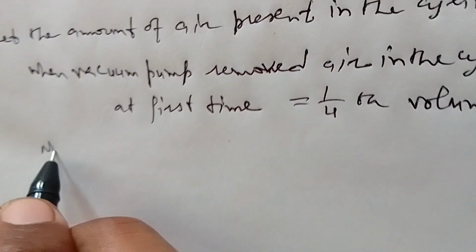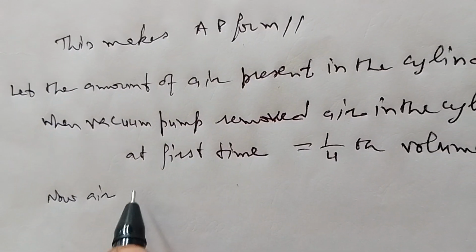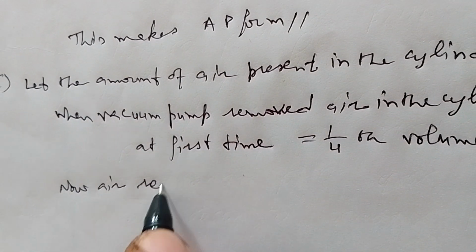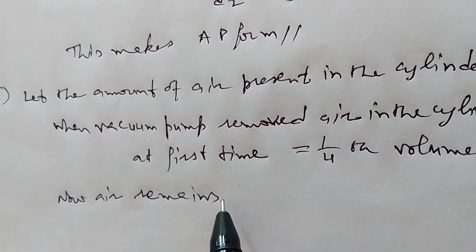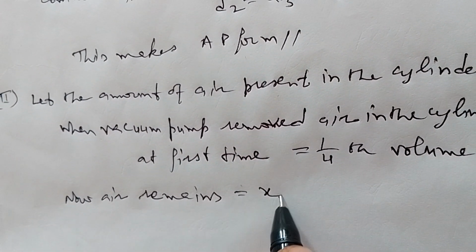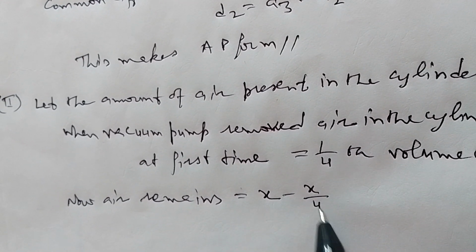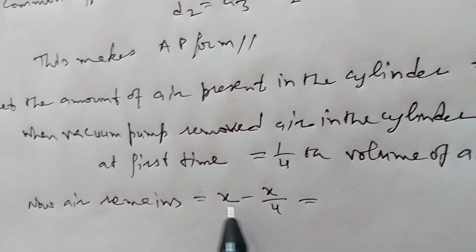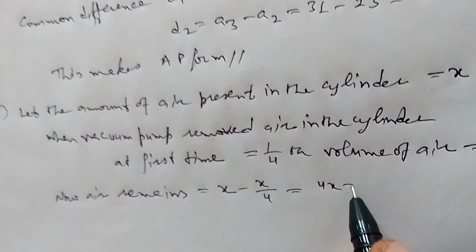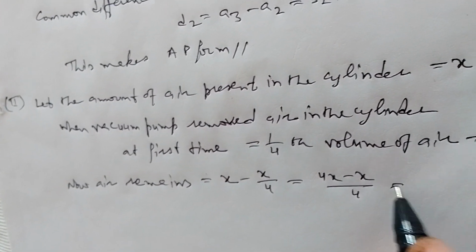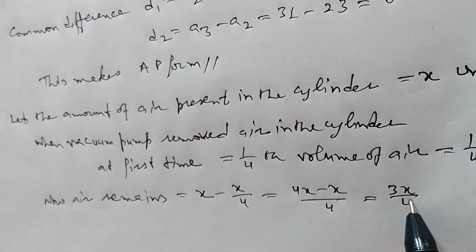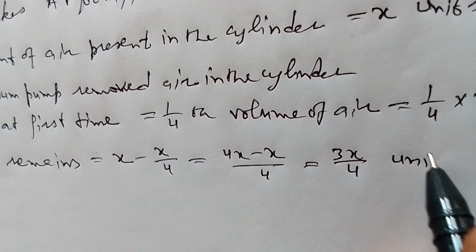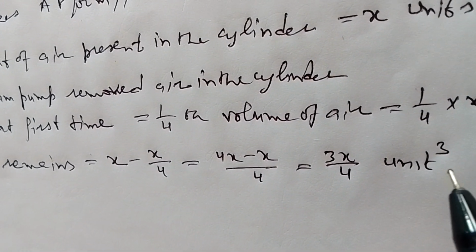So now the air that remains is x minus x by 4 removed, that is 4x minus x divided by 4, which comes out to be 3x by 4 unit cube.